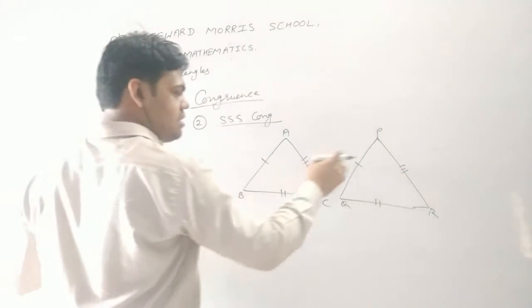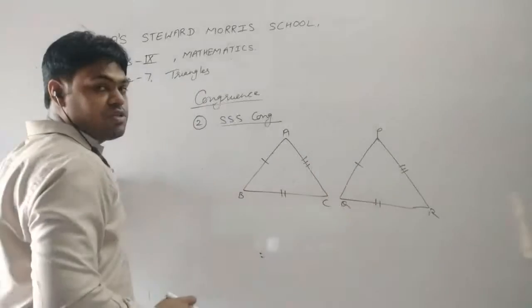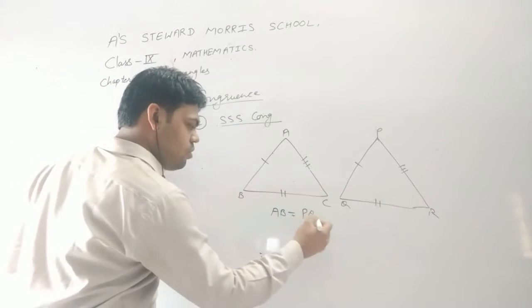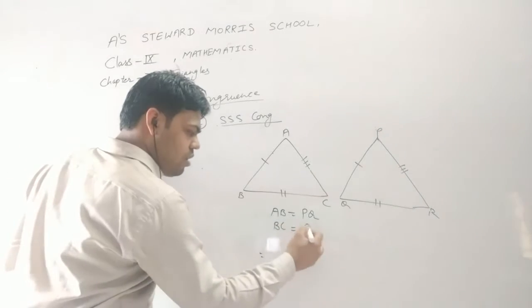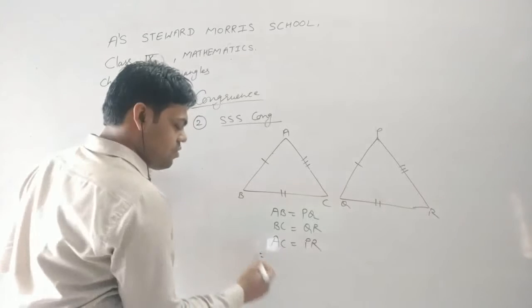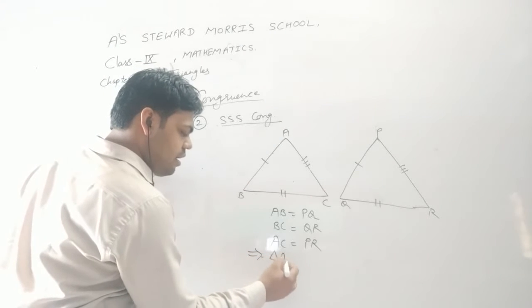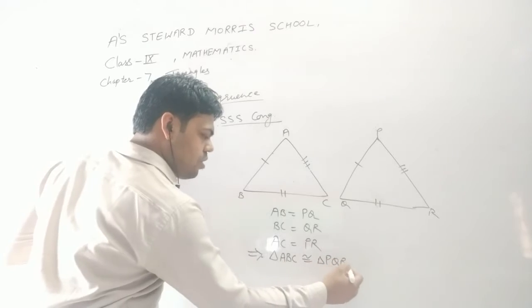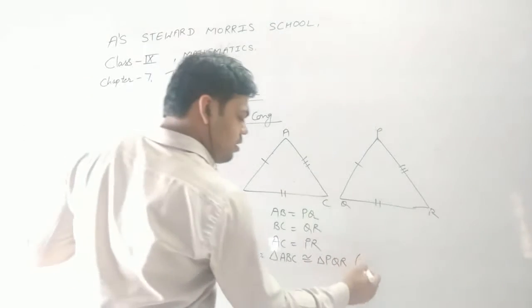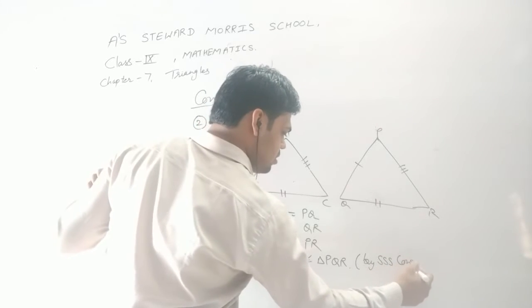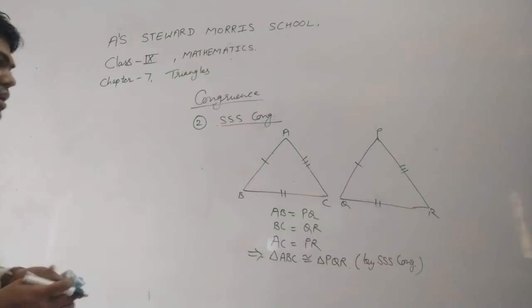If these 3 sides are equal to these 3 sides, then we can write that these 2 triangles are congruent. Here AB equals PQ, BC and QR are also equal, and the third part AC and PR are also equal. So we can write triangle ABC is congruent to triangle PQR by SSS congruency rule. That is your second part.